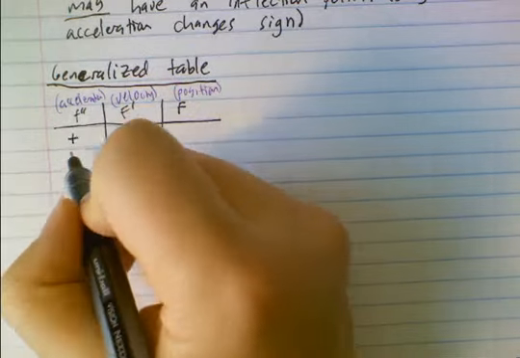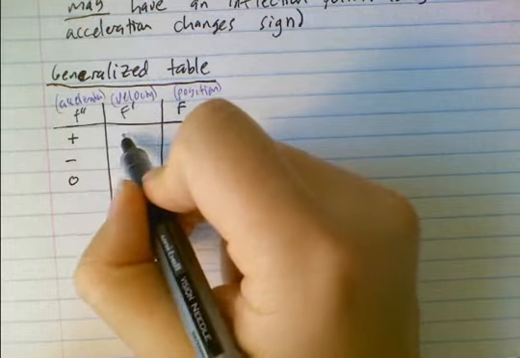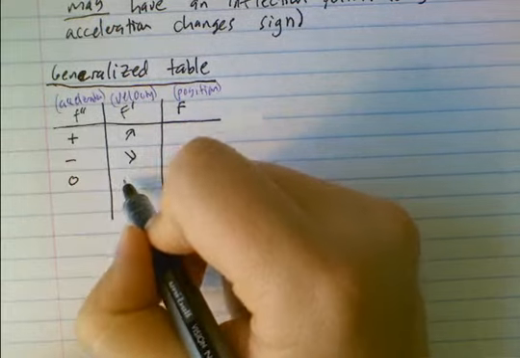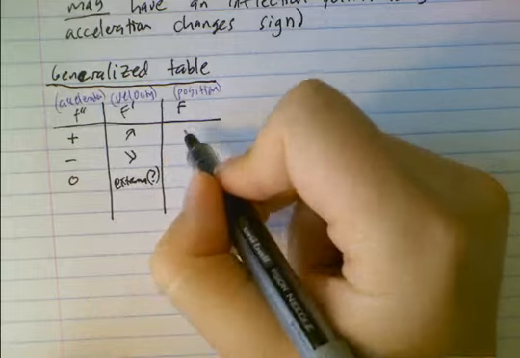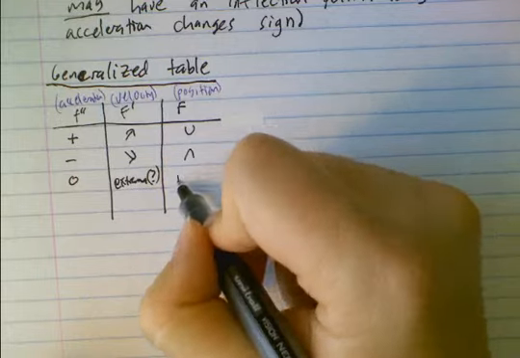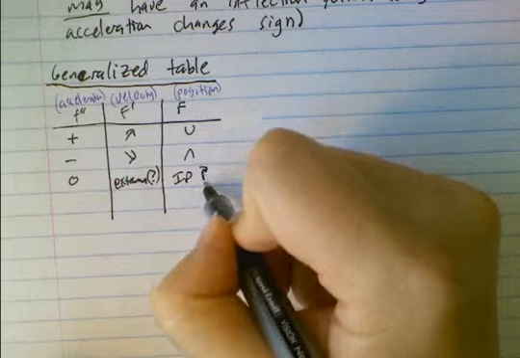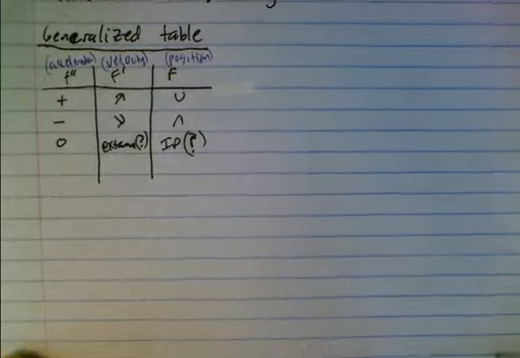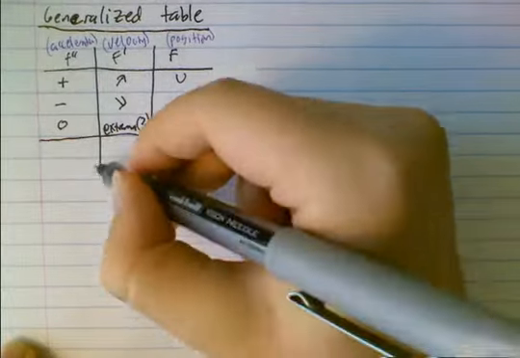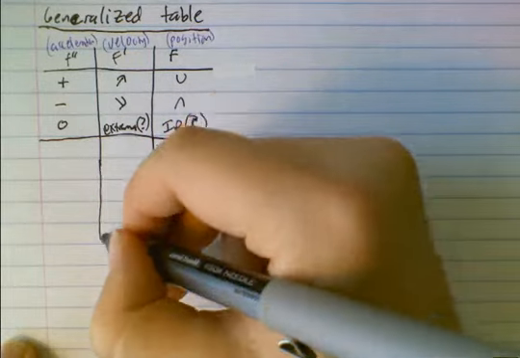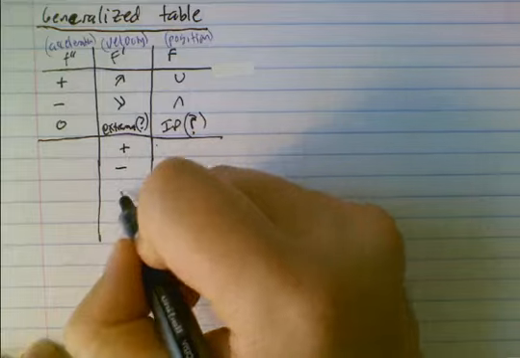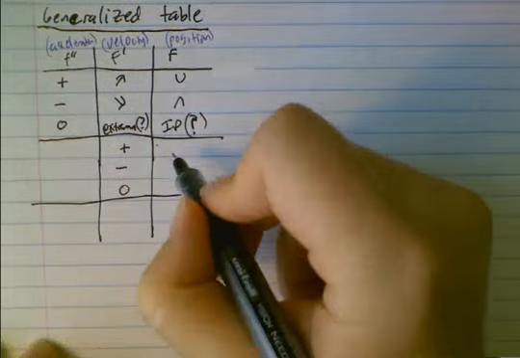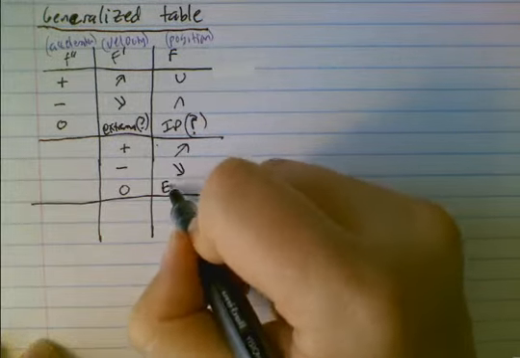And now we're just going to record the relationships that we saw. We saw positive negative 0 translates into increasing decreasing and extrema. Maybe. Translates into concave up, concave down, and inflection points. Again, maybe. Now, we just move over: positive negative 0, increasing decreasing extrema.